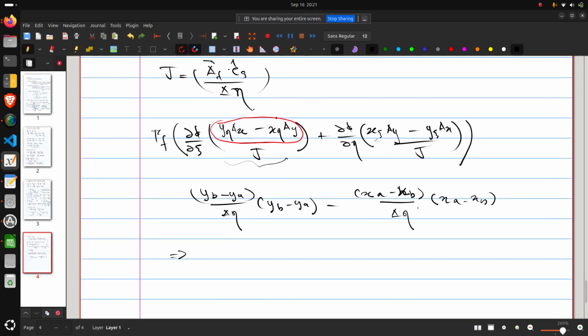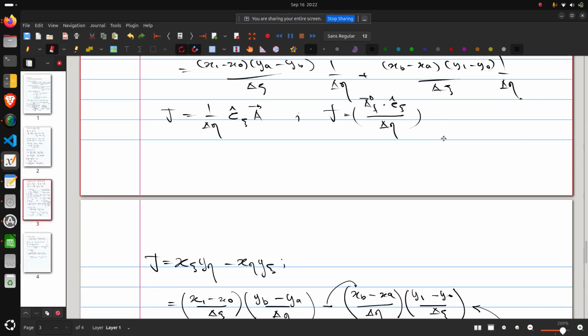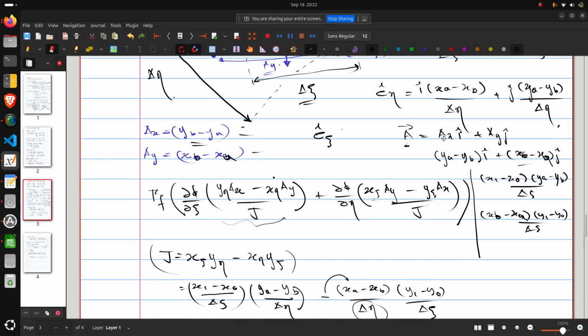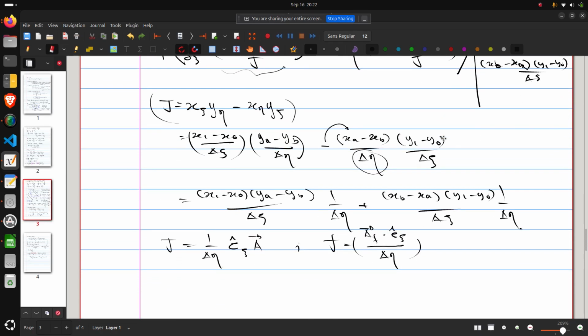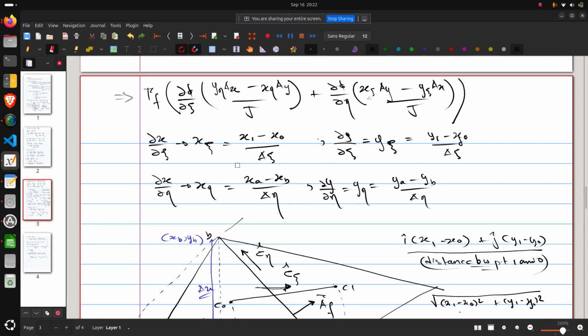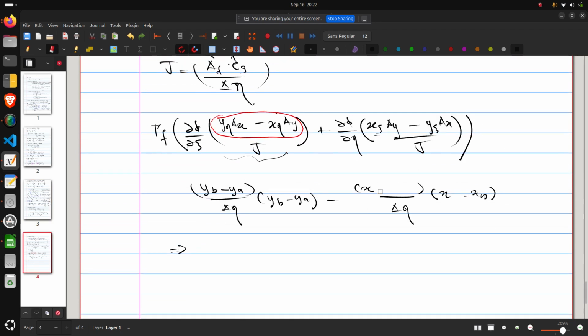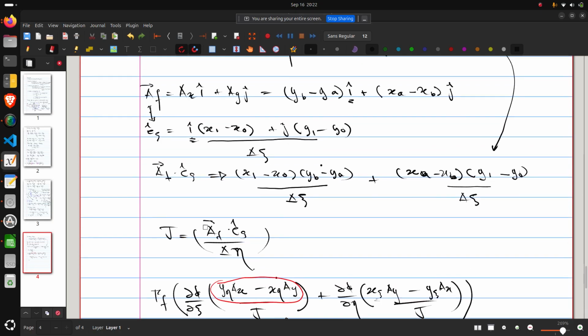I think we have to do another manipulation here. So x eta was something, there was x eta, I think I have written it wrongly. Xa minus xb, right? Xa minus xb, and this is xb minus xa.